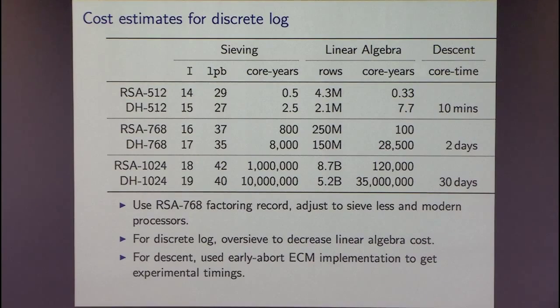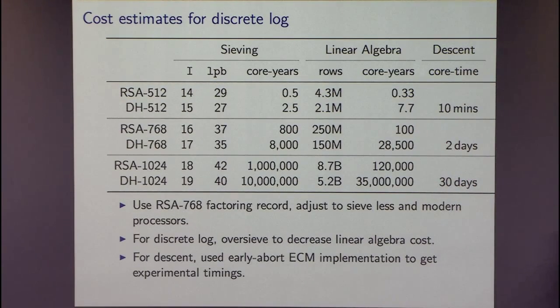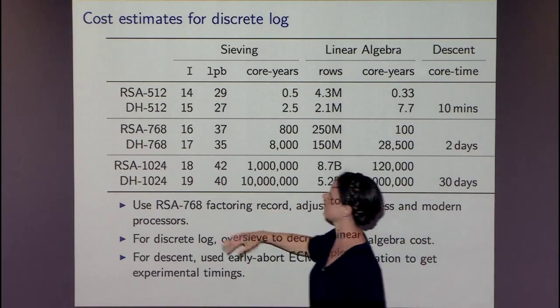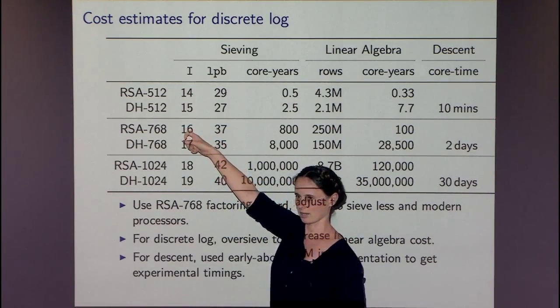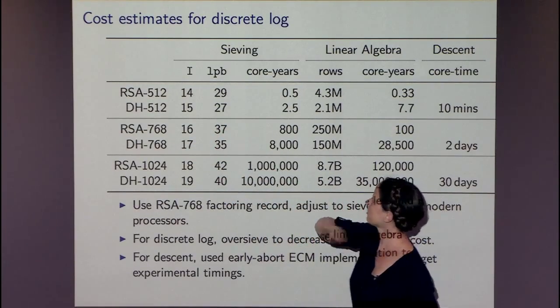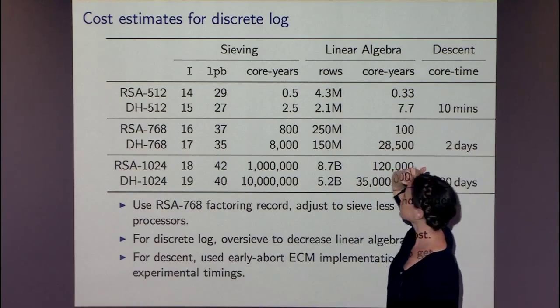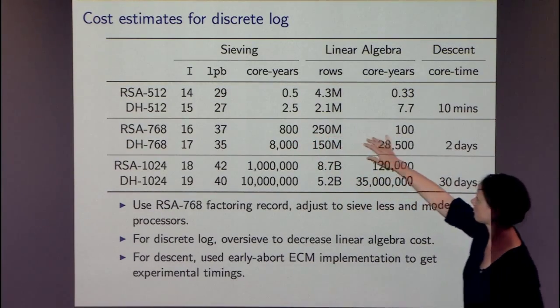Here are some numbers for cost estimates of discrete log. We got these in a few different ways. The current factoring record is 768-bit RSA. This is from late 2009, published in 2010. Here are some sieving ranges and large prime bounds, slightly adjusted from the numbers in their paper.